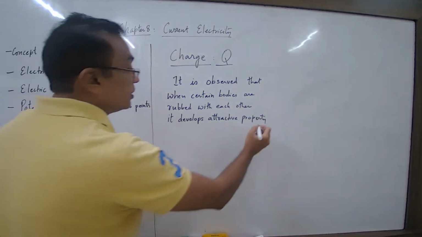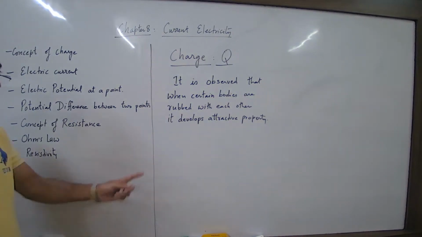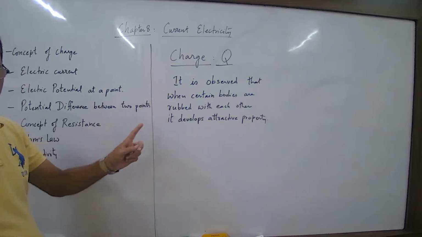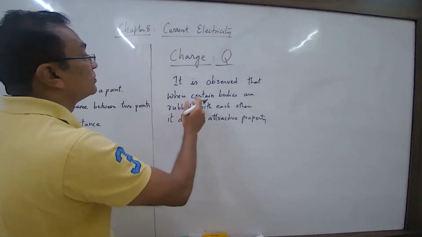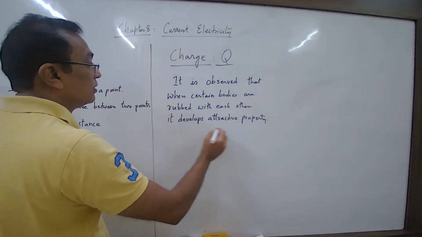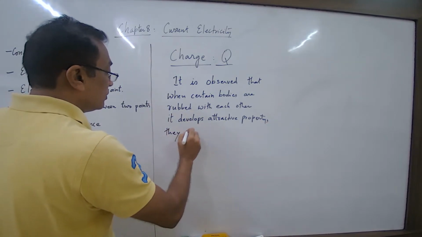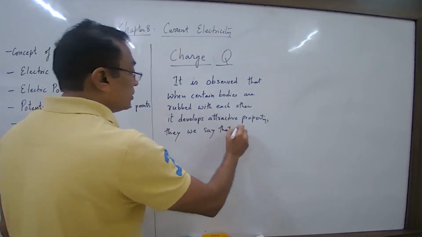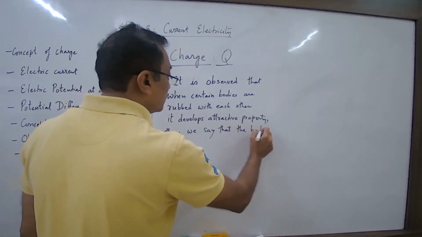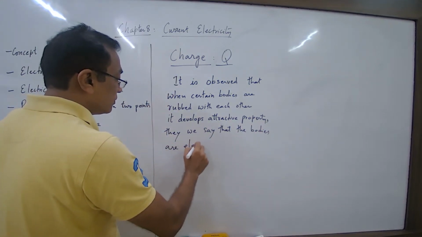Okay. Like we just rubbed the scale and it developed attractive property, right? Then we say the bodies are charged. When it develops the attractive property, then we say that the bodies are electrically charged.